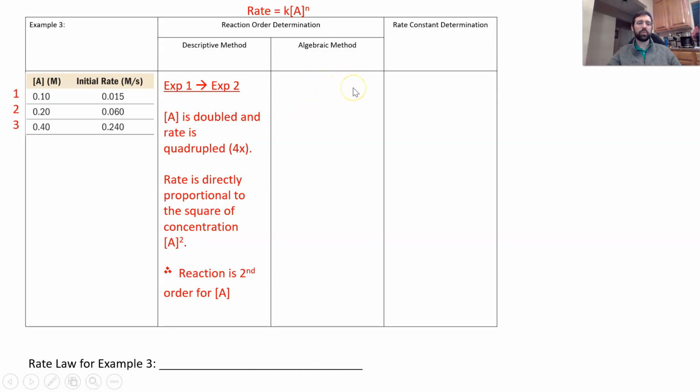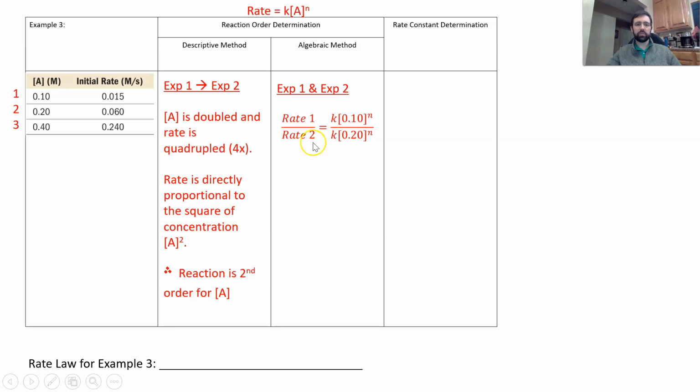Now let's look at the algebraic method. Looking again at experiments 1 and 2. All right, I'm going to start with my rates for experiments 1 and 2 are equal to k times concentration for experiments 1 and 2. Remember, we're going to be making fractions out of those, to the n power.